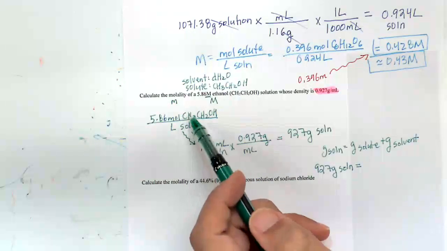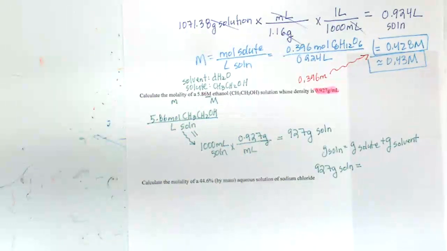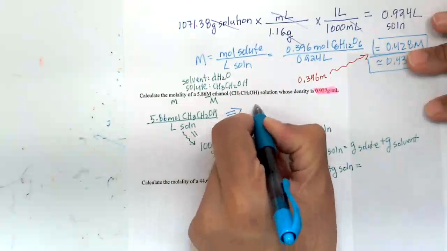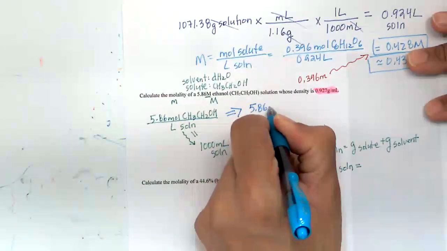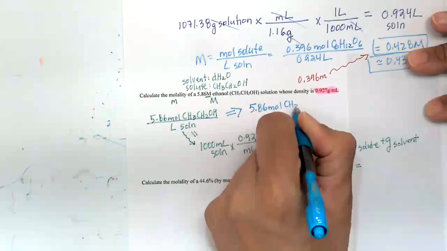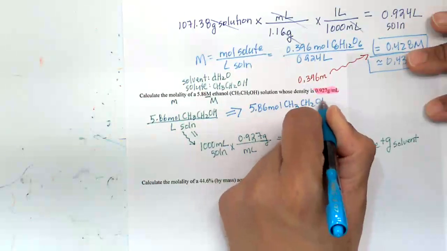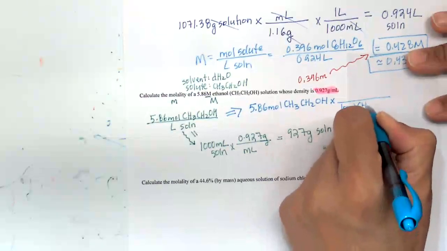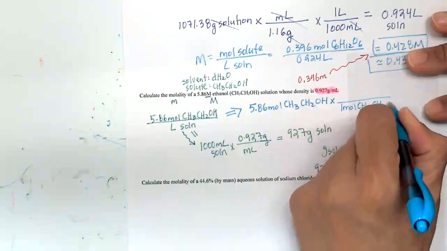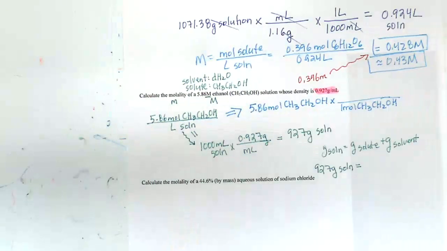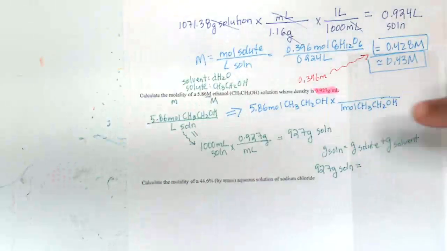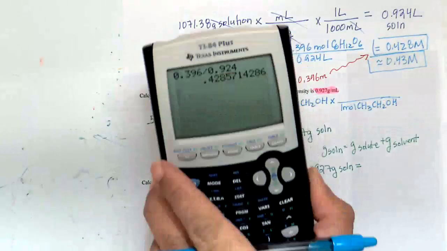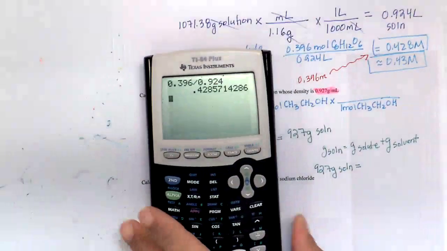Let's calculate the grams of solute. We will take this 5.86 moles of ethanol and convert it to grams. 1 mole of ethanol contains how many grams? Like before, we'll just use carbon as 12.01, oxygen as 16.01, and hydrogen as 1.01.